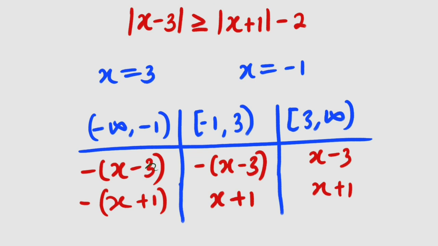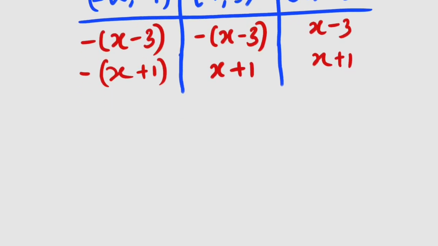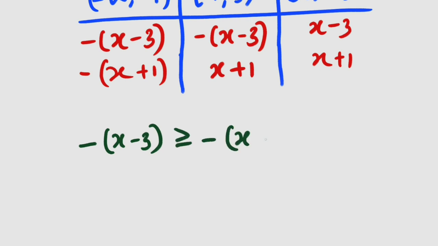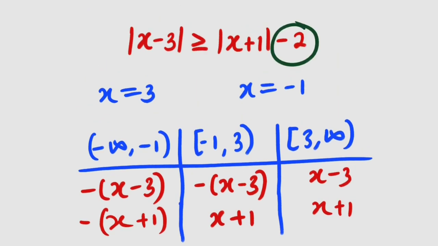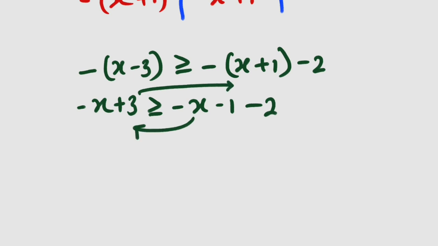So let's start with the first one. It implies that this is greater or equal to this, then minus 2. We are going to consider them to be negative. So we have negative of x minus 3 greater or equal to the negative of x plus 1, then remember we have minus 2, which is right here. So let's solve this. This is negative x plus 3 greater or equal to negative x minus 1, then minus 2. Let us bring this one to the left and take this one to the other side.